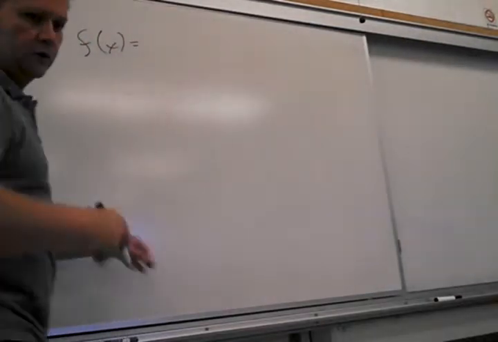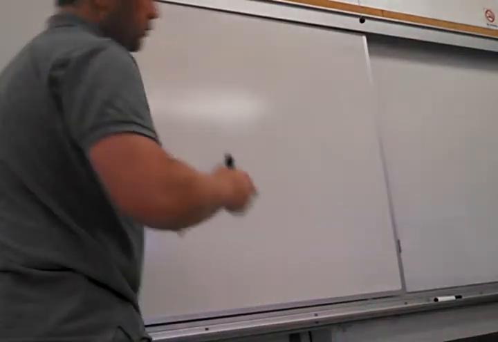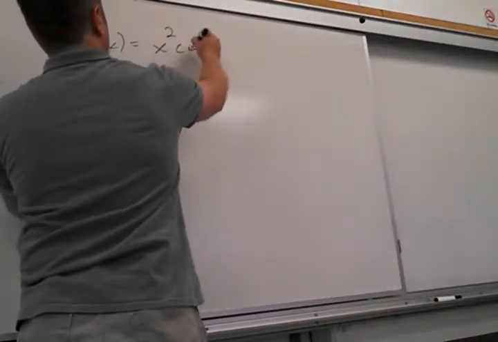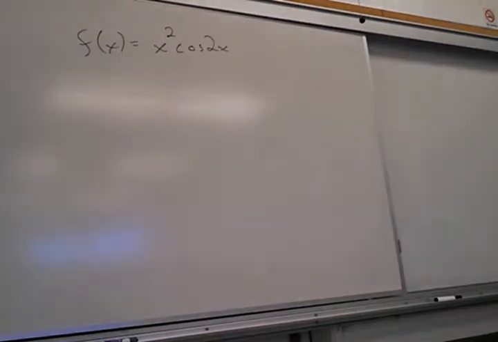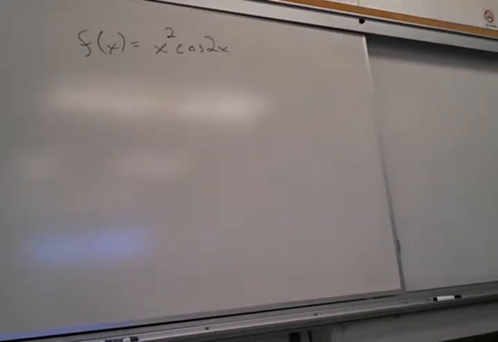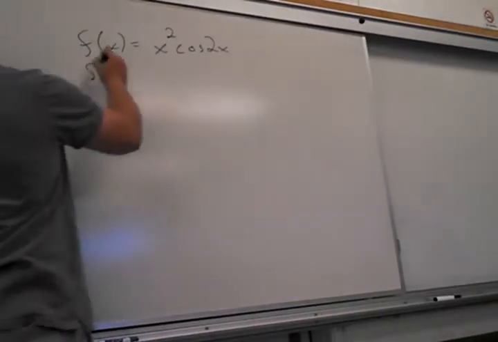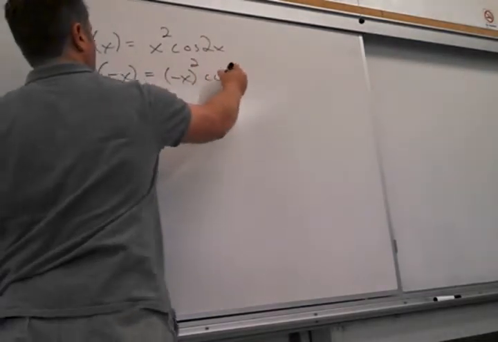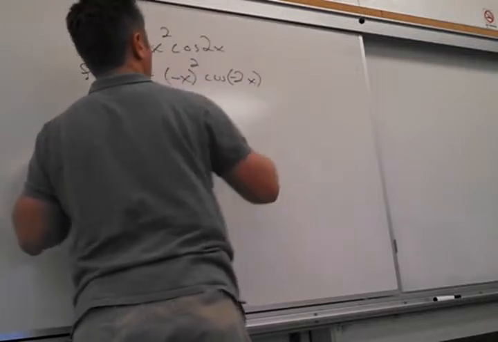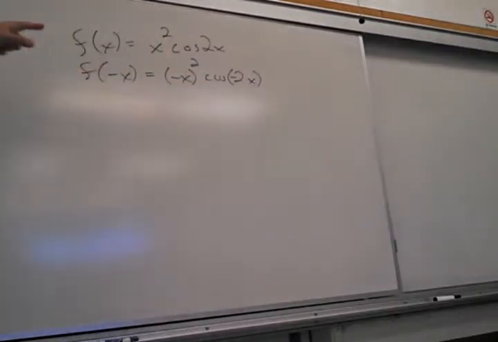So they give me a function. What's the first one there? Well, we'll do this one, just to do it different. How do I test this for symmetry? Plug in a negative x. Obviously, negative x squared is positive. So all I have to worry about is cosine. What does cosine do to negative inputs? It keeps them positive, it makes it the same as it was before.